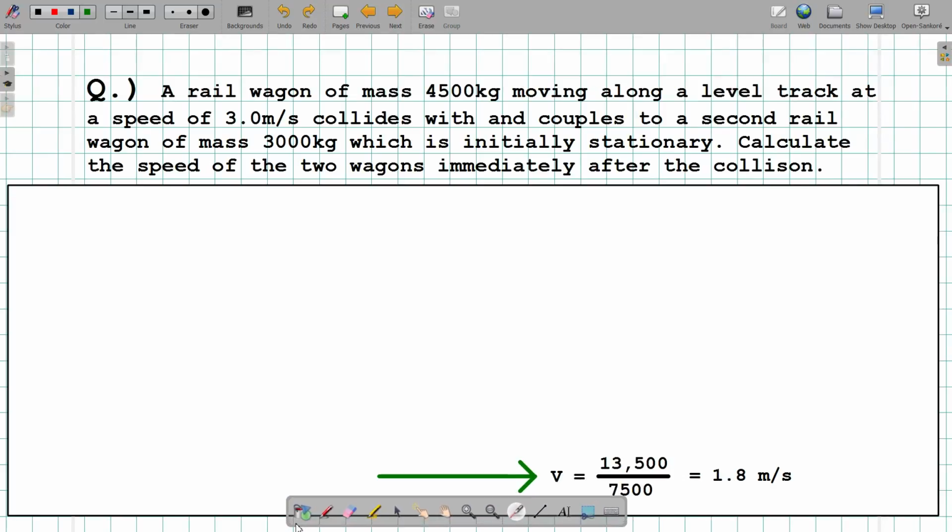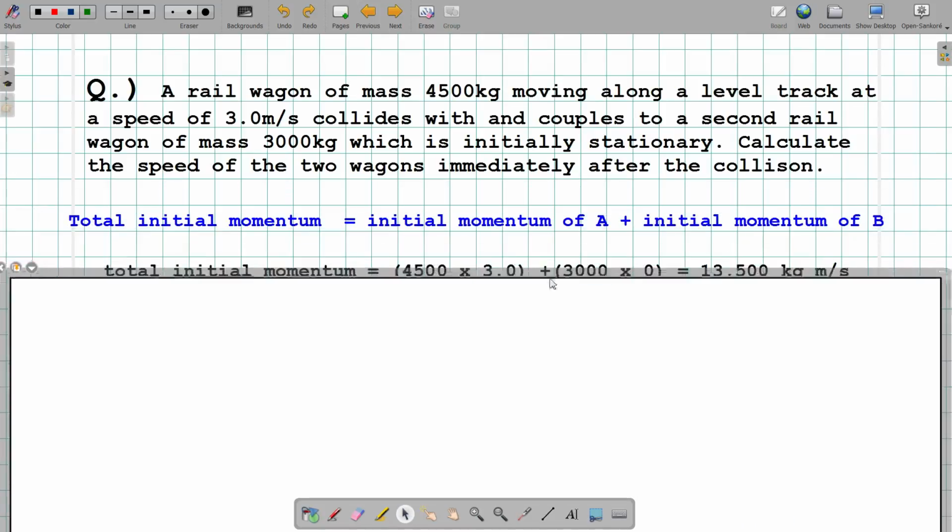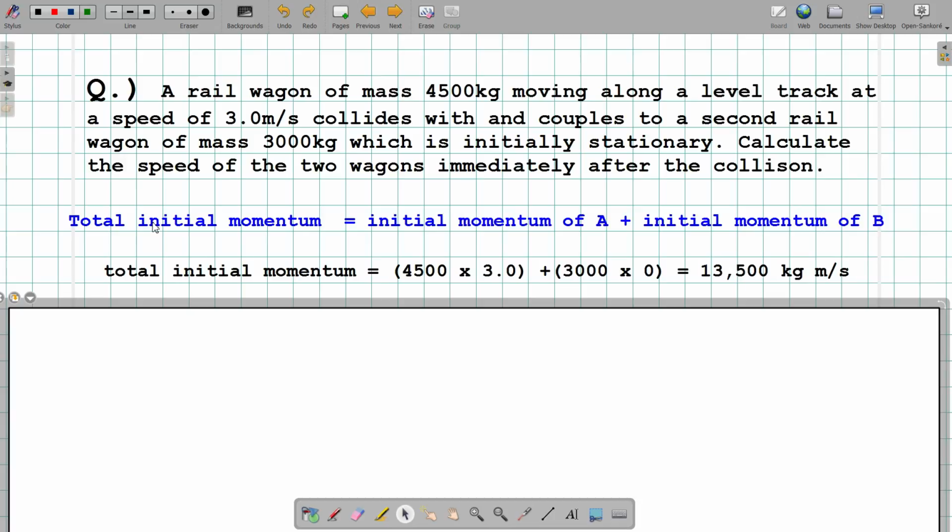Okay, and I'm back. Well, I never left, but here I am. The first thing we want to do is the total initial momentum, because this heavily uses the principle of conservation of momentum, which we explained earlier on in the video, and you may want to go back to re-watch it.